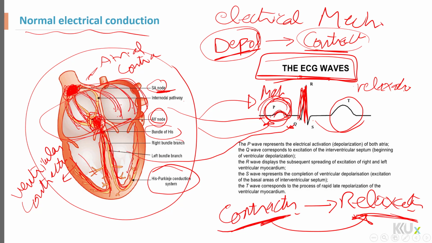So you have the P wave for atrial contraction, and then QRS for ventricular contraction, and then the T wave for ventricular relaxation. So where is the atrial relaxation? Actually, atrial relaxation is right here. You see that atrial relaxation occurs at more or less the same time as ventricular depolarization or contraction. So the atrial relaxation is actually masked by the QRS complex. It's behind the QRS complex so that we cannot see it.